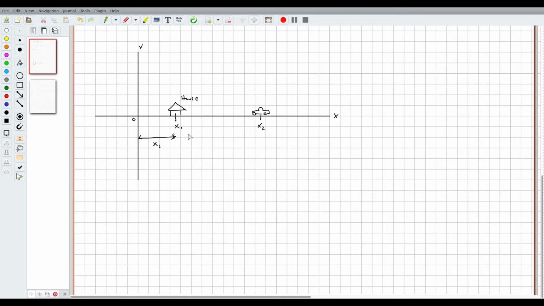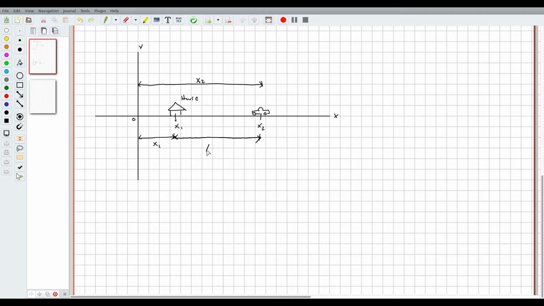Likewise, if you look here, this distance right here, this would be the length of x2. Okay. Now, if I were to walk from my house to the car, the distance that I would cover would be this distance right here.